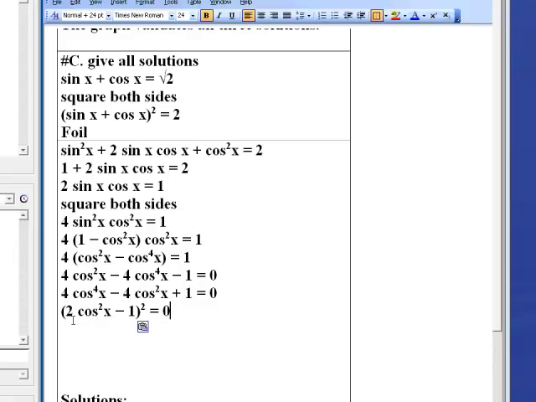And when you FOIL this backwards, you can see that you come up with 4 cosine to the 4th power, and then the negative 4 cosine squared in the middle, and a plus 1 in the back. Okay, that means the solutions are going to come out to cosine x equals 1 over 2. Take the square root of that, which means that's square root of 2 over 2.